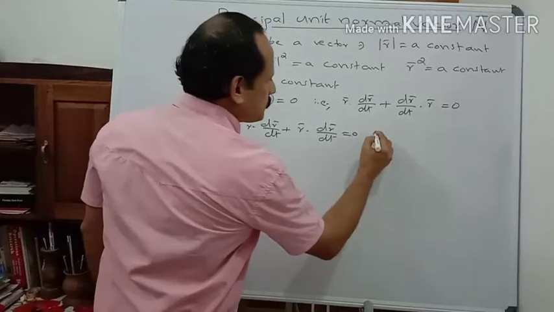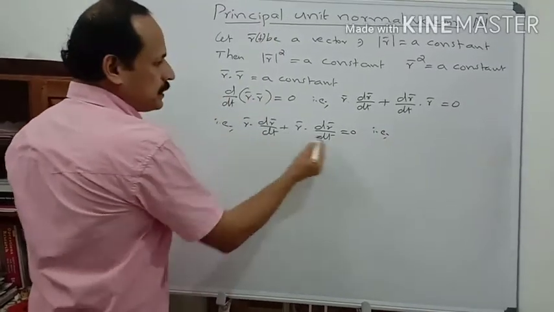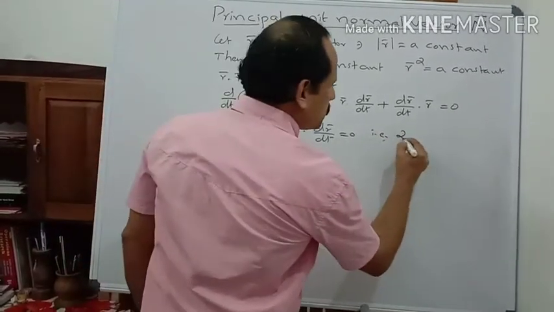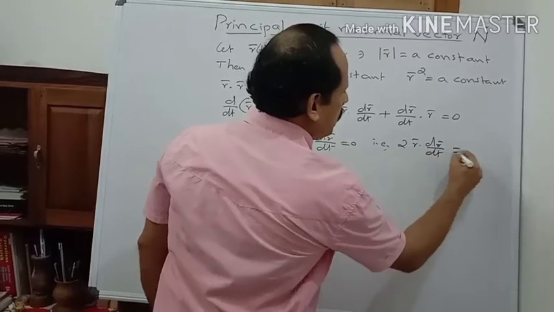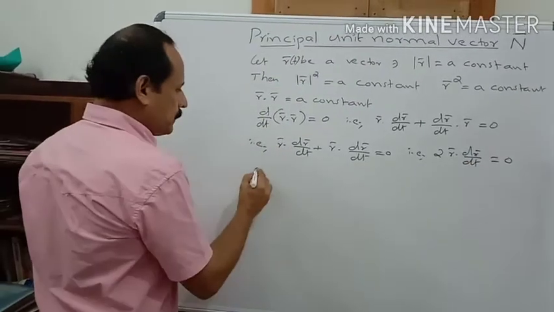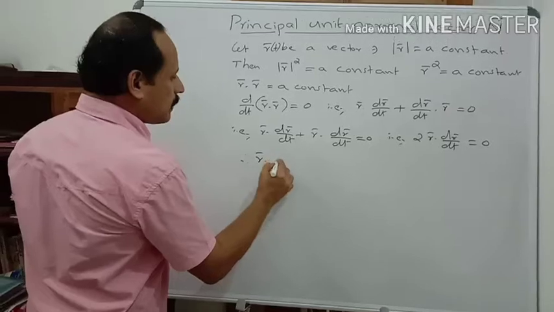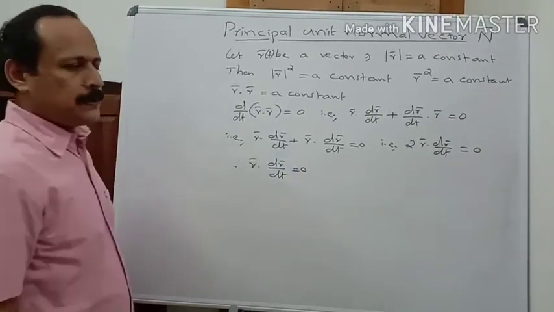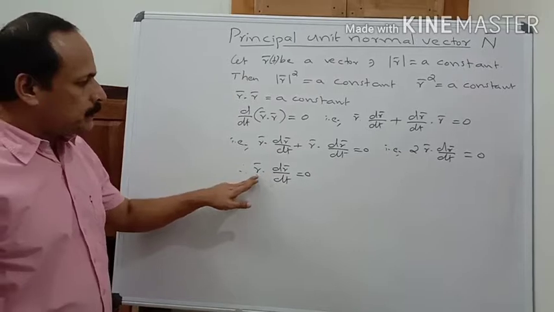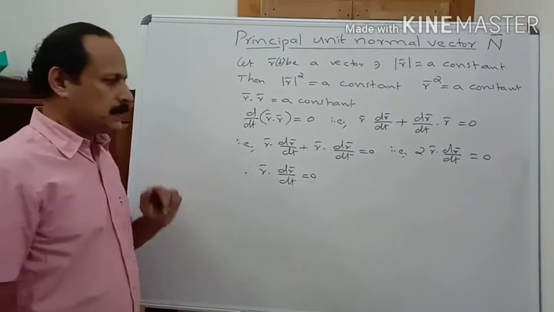That is, these two terms are equal, therefore 2 into r bar dot dr bar by dt equal to 0. Therefore we get r bar dot dr bar by dt equal to 0. Here dot product of these two vectors is 0.